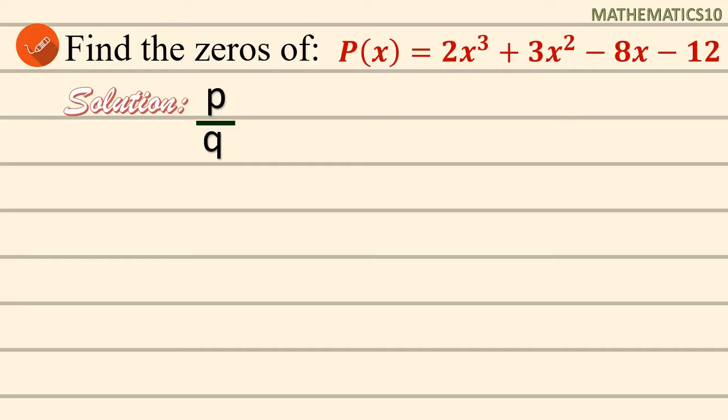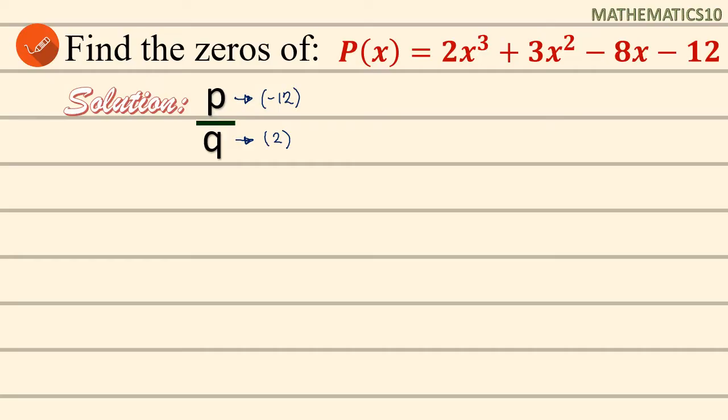By the way, what do we mean by P? P refers to our constant, which is negative 12, and our Q, which is positive 2. Positive 2 came from our leading term, which is 2x cubed, so we have here 2.